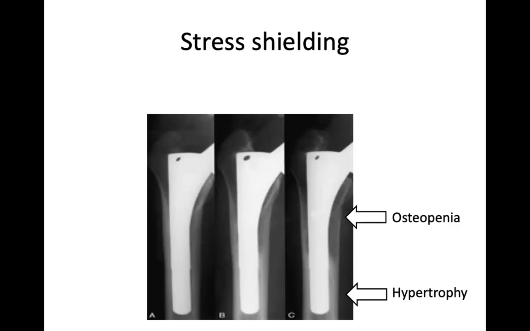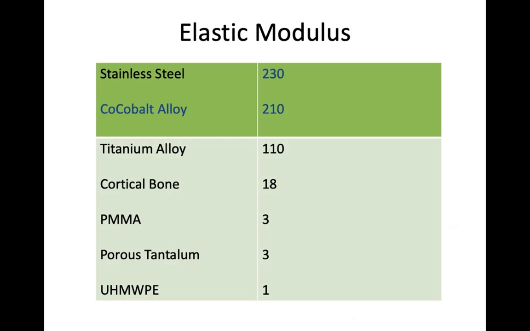The load distribution within the femur is altered, with proximal bone experiencing less load and distal bone experiencing more load. So you'll have loss of bone and osteopenia proximally and hypertrophy distally with, for example, large cylindrical porous-coated stems.